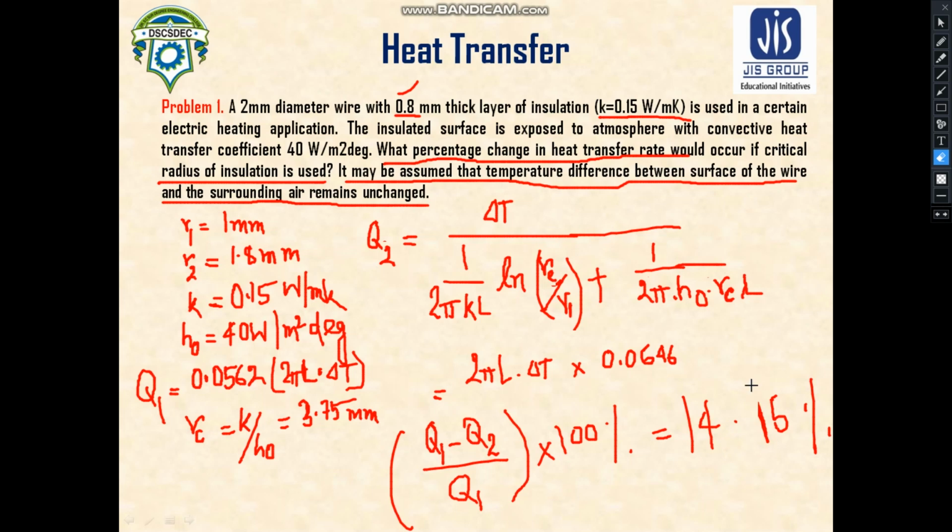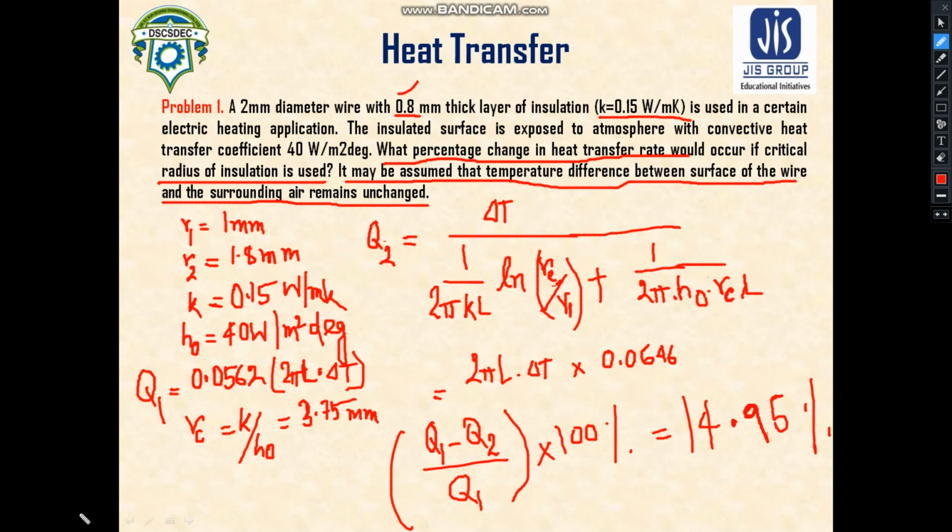So this is the change in heat transfer rate. When you provide the critical radius of insulation, the heat transfer rate is increased by 14.95%. I hope you have understood it.